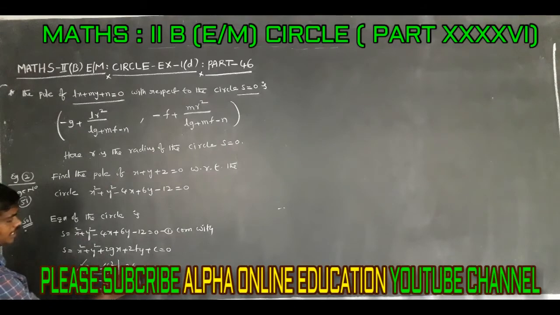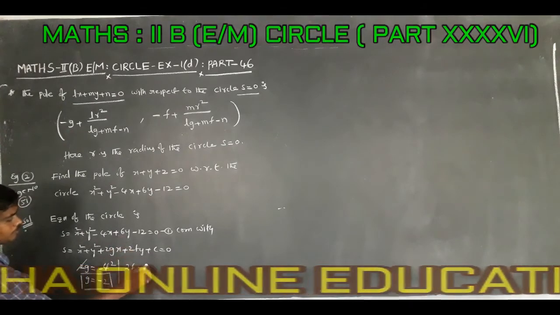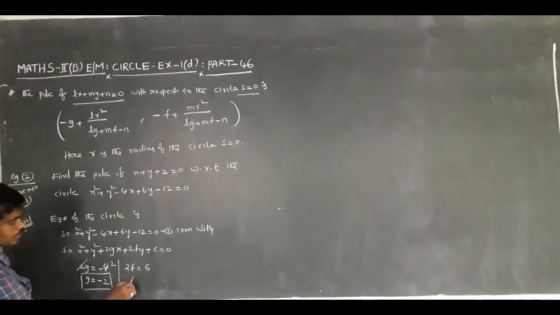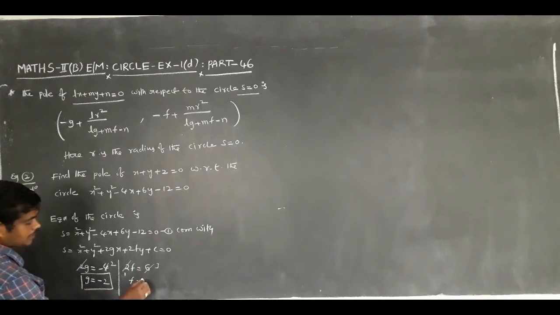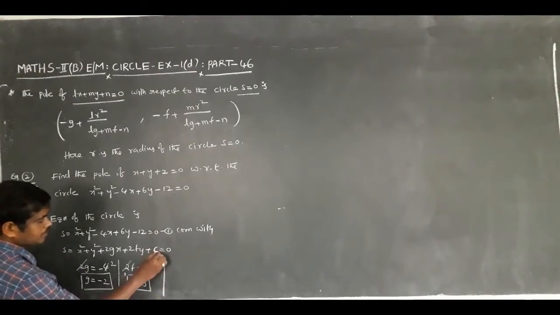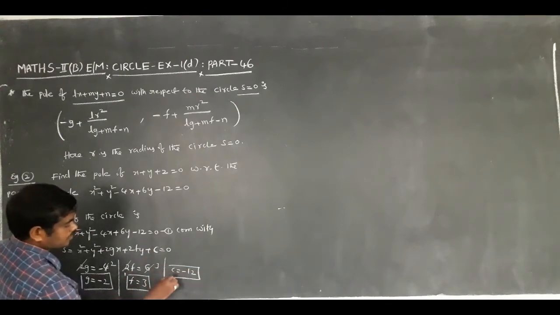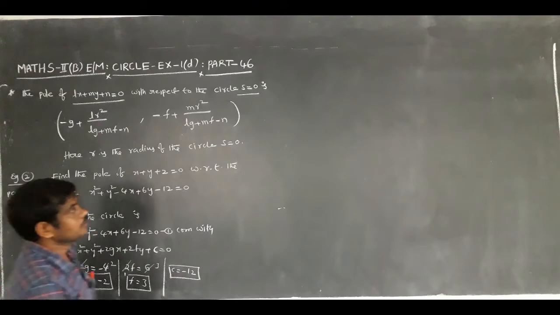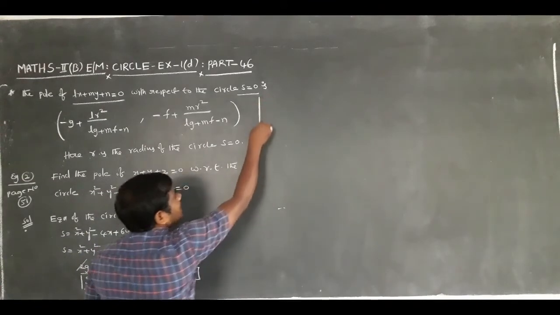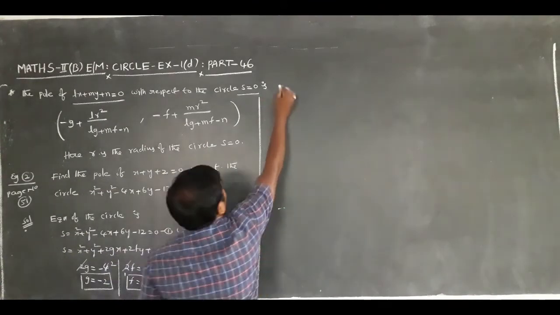The y coefficient 2f equals 6, so f equals 3. The constant c equals minus 12.